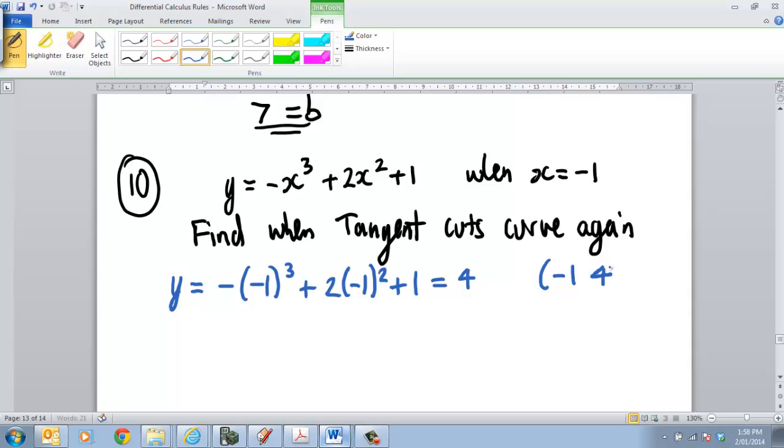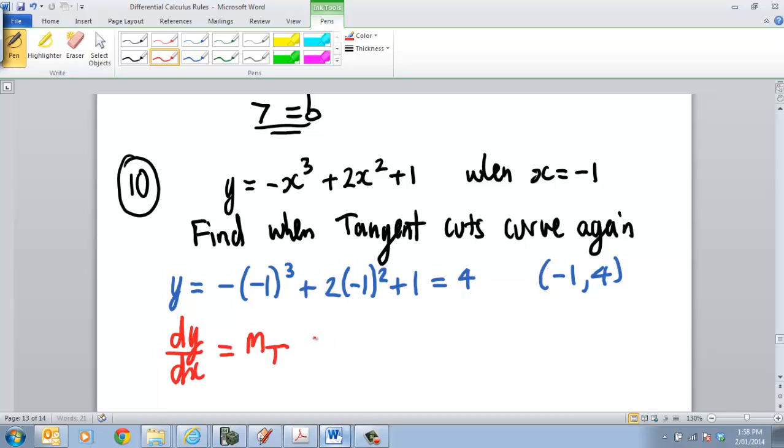Now the next step you must do is find the derivative. So let's do that. dy/dx, that will be the slope of my tangent. That's equal to negative 3x squared plus 4x.